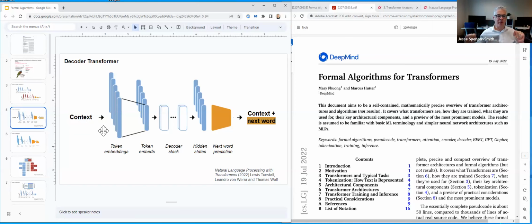The decoder transformer involves all the machinery which will take your words, assign them numbers, give them initial vector representations, then put them through what's called the decoder stack, further enrich those representations, and give you hidden states, which are just the vectors we talked about before that represent each of the tokens, and then use that information to predict the next token. It's generative.